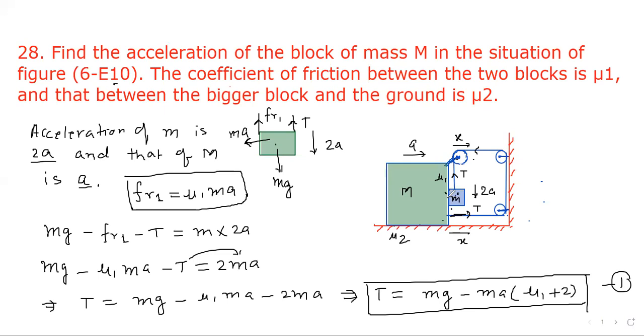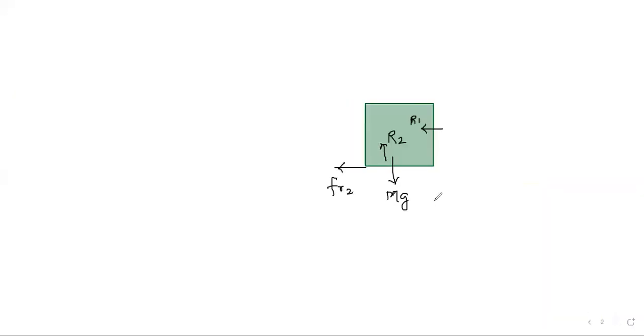This body is exerting force in this direction because of pseudo force, because this capital mass moves in this direction. So there will be a force that will be called pseudo force, and that will be equal to MA in this direction. So here we have to consider this force also in this direction, that is MA. And this block of capital M mass is moving with acceleration A in this direction.